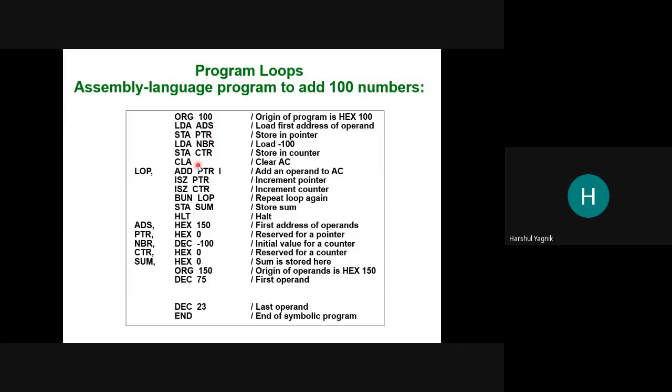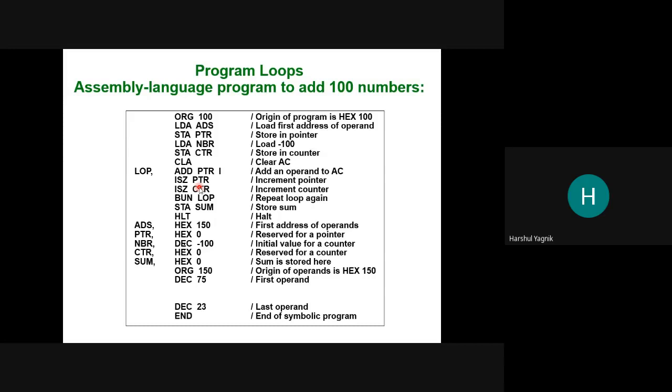Then once this is skipped, skip if 0, so once this CTR variable reaches 0, the branch instruction will be skipped. If the branch instruction is skipped, what is the next instruction? Now it is out of the loop.